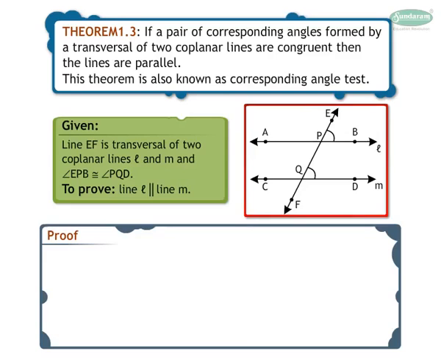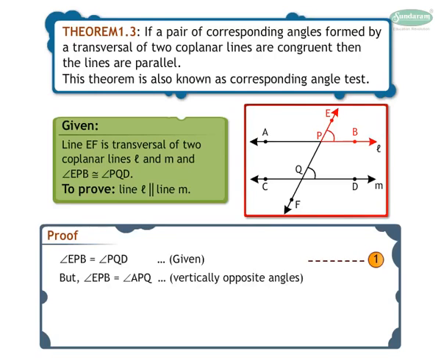Proof. It is given that angle EPB is equal to angle PQD. Let us consider this as statement 1. But angle EPB is equal to angle APQ as they are vertically opposite angles. Consider this as statement 2.